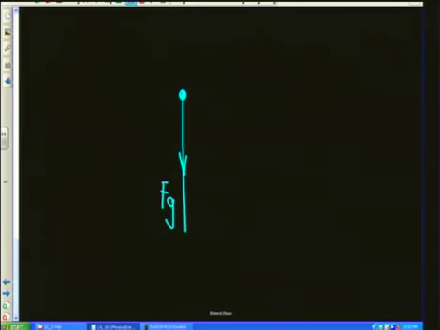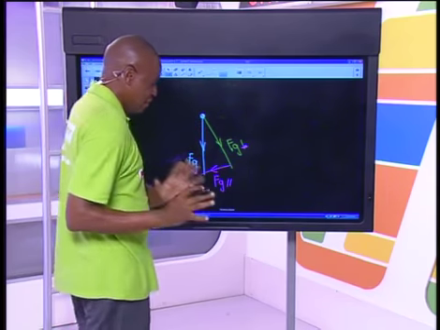Then when I find the components, I find that the Fg perpendicular is that, and the Fg parallel is that. This is the Fg parallel to the surface, perpendicular to the surface, whichever way you understand it better.